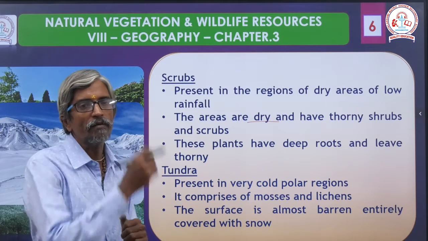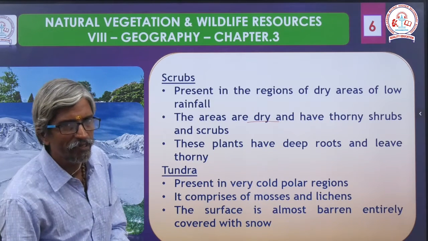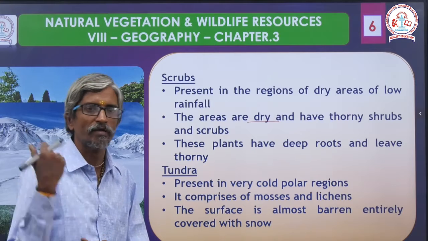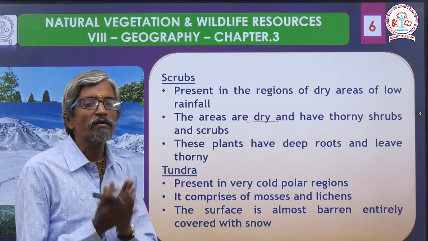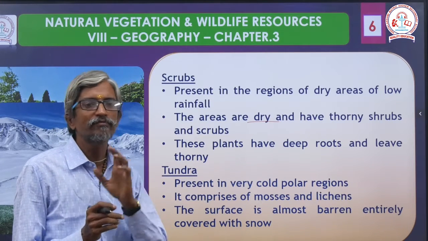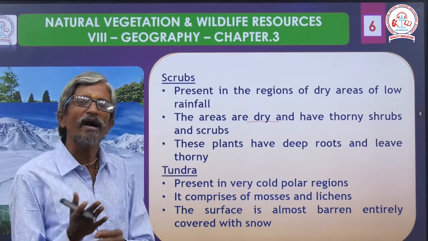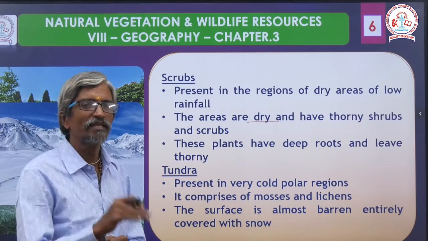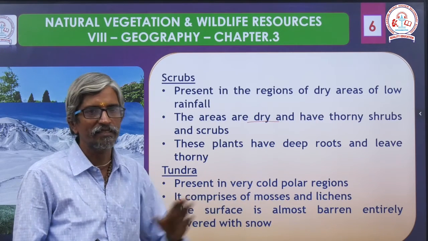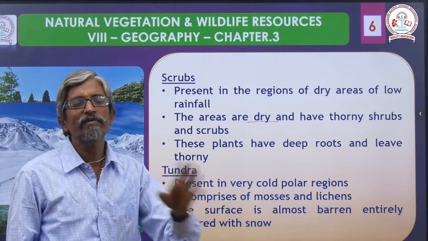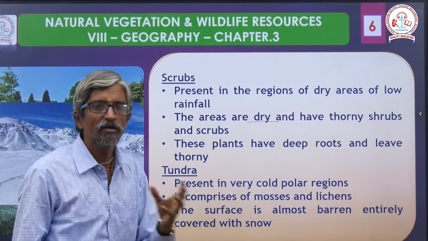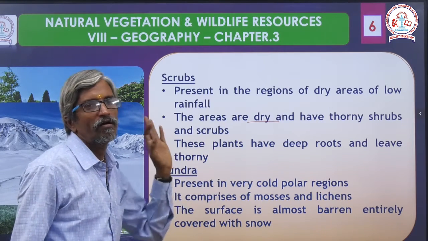The root of the plant will move very deep into the underground surface and it can suck water. So the bark of the trees, leaves, bark, stem, everything will be a little broader when we compare to other trees' leaves. That is a specialty. Easily we can identify what type of forest it is. By seeing it we can guess what type of forest it is because of the very low rainfall.